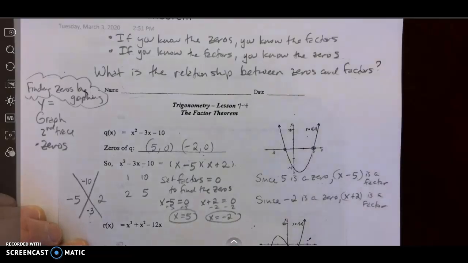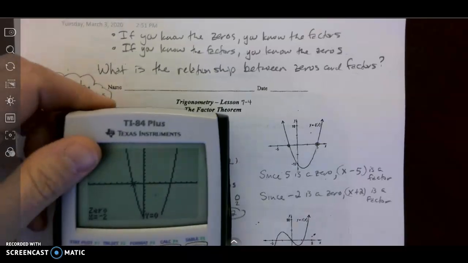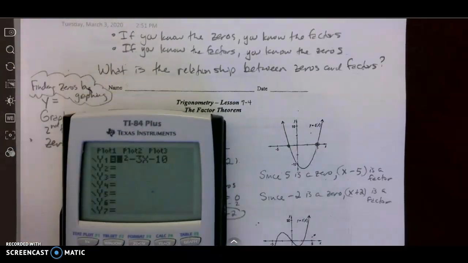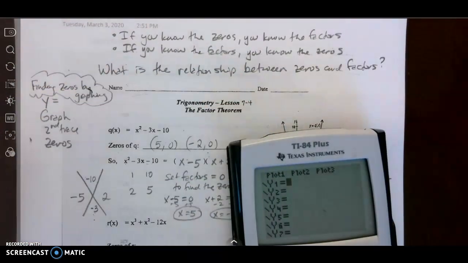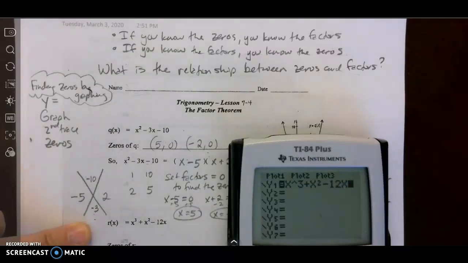I can't tell exactly from here, so I'm going to put this equation into y equals, and that equation is x to the third plus x squared minus 12x. Okay. So I've got the equation.